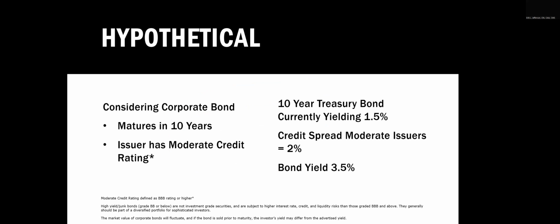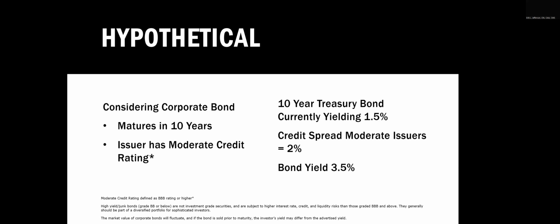If the credit spread, or the amount of additional income a moderate risk issuer would have to offer in order to incentivize those investors, is 2%, we can do some very basic arithmetic and arrive at the calculation of fair market yield of that bond, based upon the environment I just described, of 3.5%.